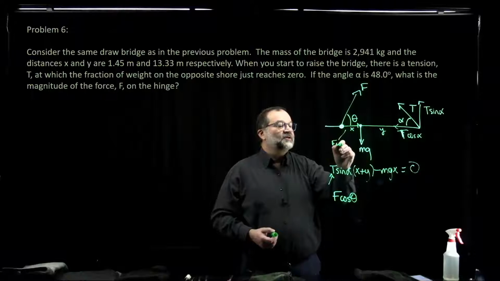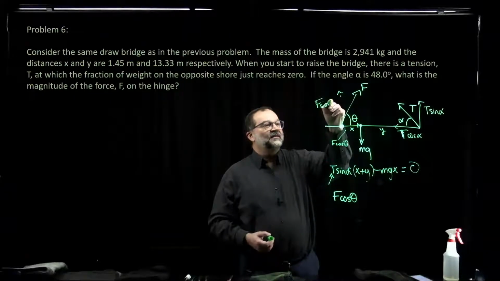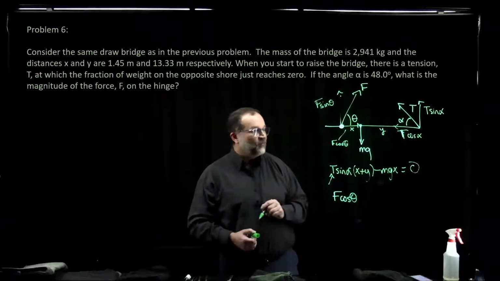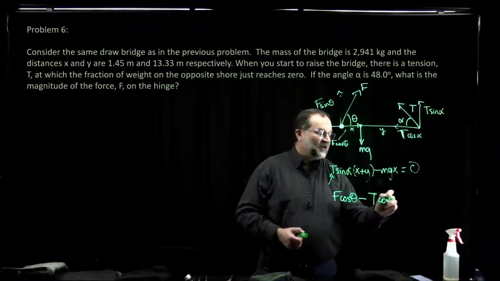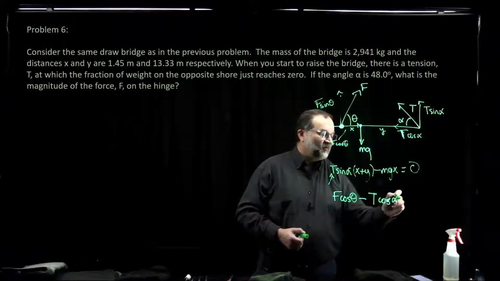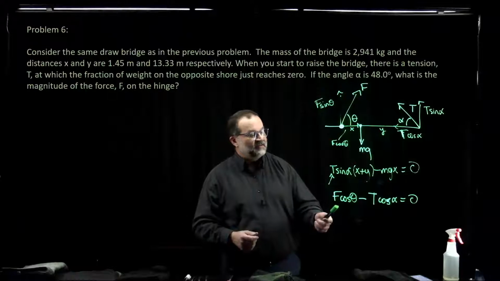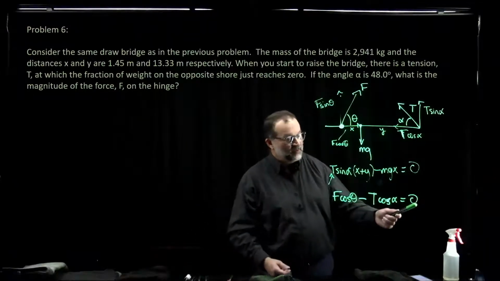That's F cosine theta. We also have F sine theta going straight up on the hinge, but F cosine theta going that way, minus T cosine alpha equals 0. So F cosine theta minus T cosine alpha equals 0.